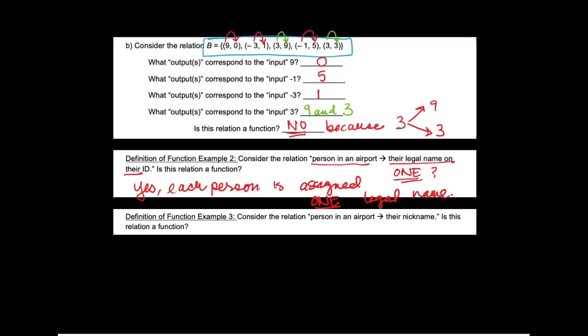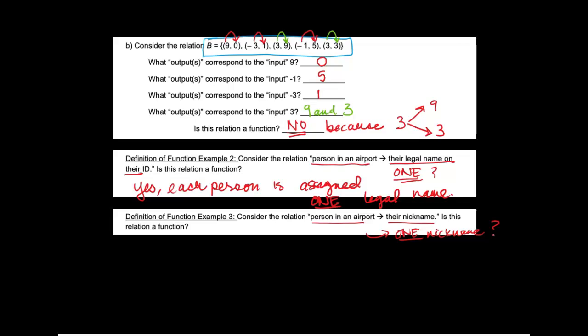And then example 3 says, consider the relation each person in the airport is assigned to their nickname, so we're looking at those two variables there. And is this relation a function? So we need to ask ourselves, does every person in the airport only have one nickname? And I would say, well, no, it's totally possible.